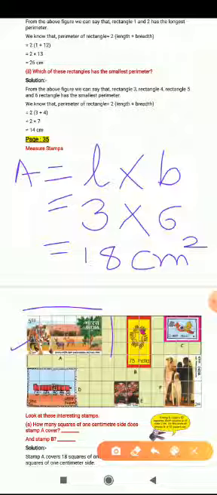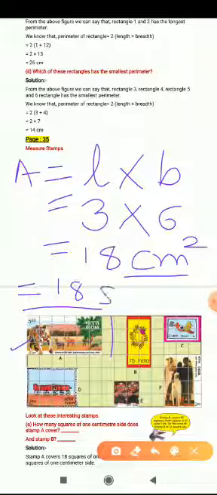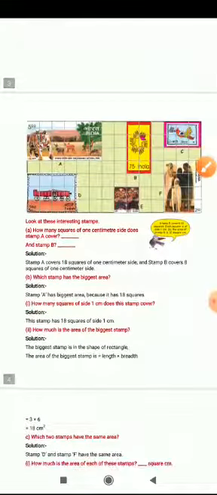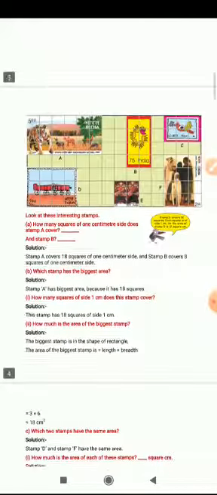Don't forget to write the unit. Otherwise you can write 18 square centimeter. I am writing sq, which is the short form of square, and centimeter. Both units are equal. You can write centimeter square, otherwise you can write square centimeter. So the area of stamp A is 18 centimeter square.